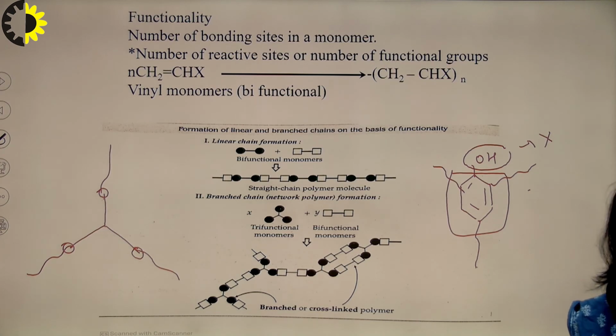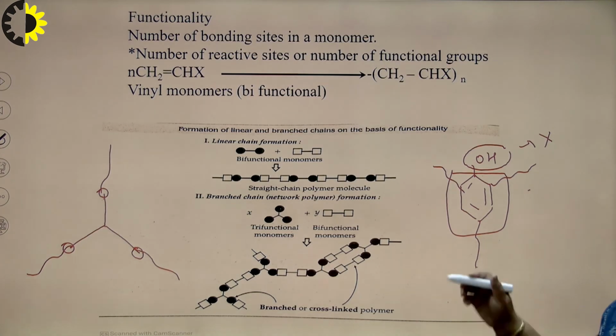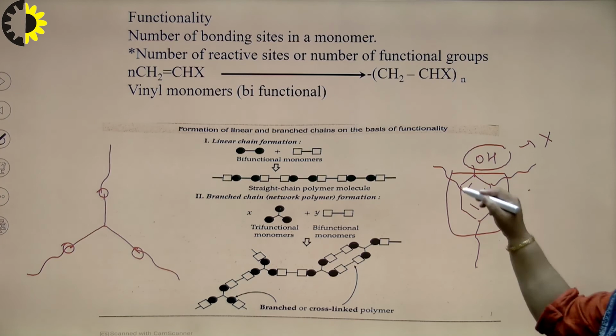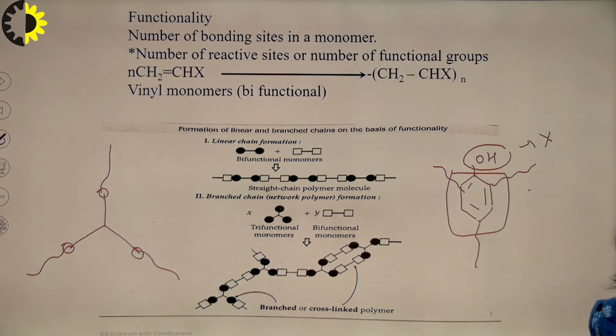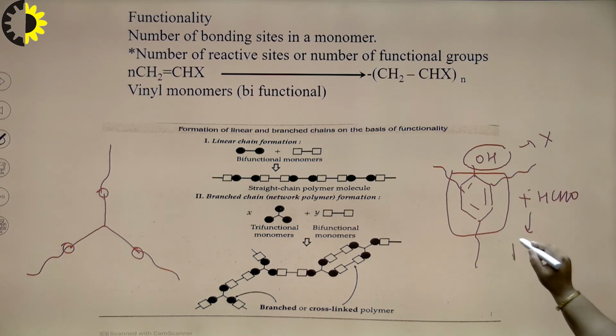In the benzene ring there are two ortho and one para, so 3 sites are available for attack. So, we get a cross-link structure, and the polymer formed by phenol and formaldehyde is bakelite.